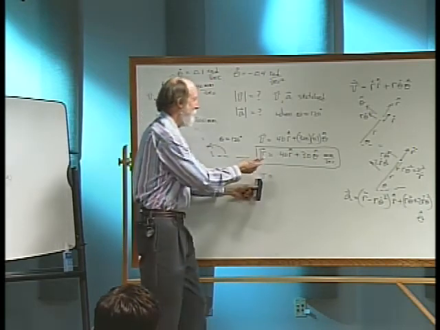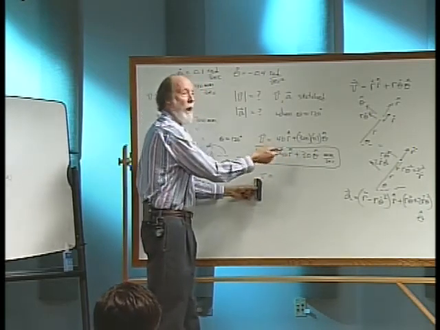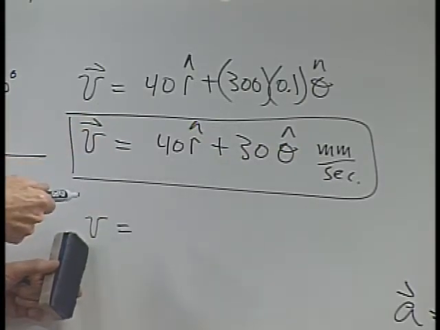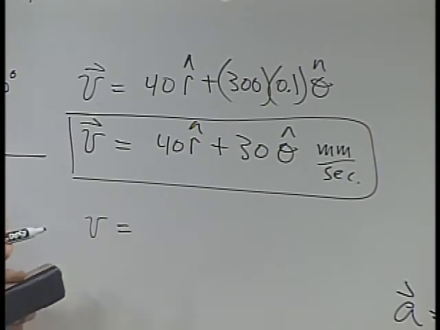Okay. What we actually derived was why theta hat is always perpendicular to r hat. r is the radius of curvature at that point? No, r is actually a distance coming off the pole.